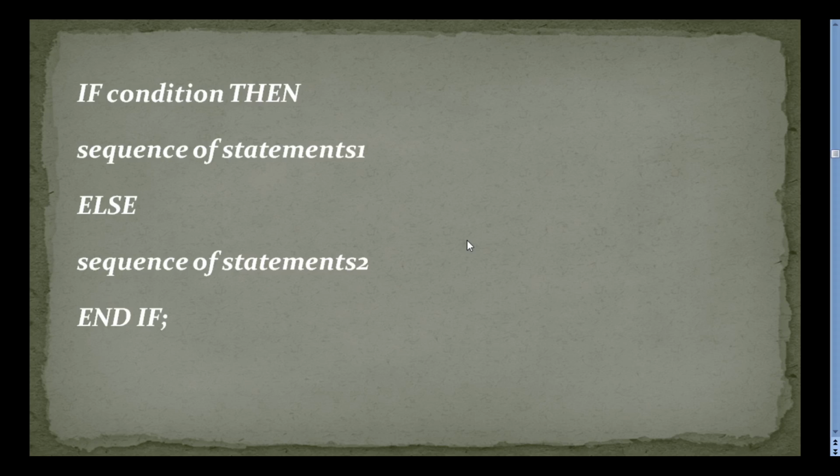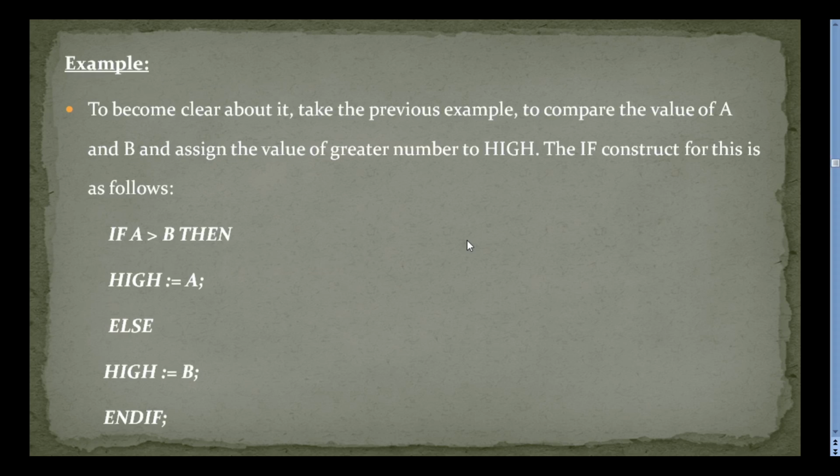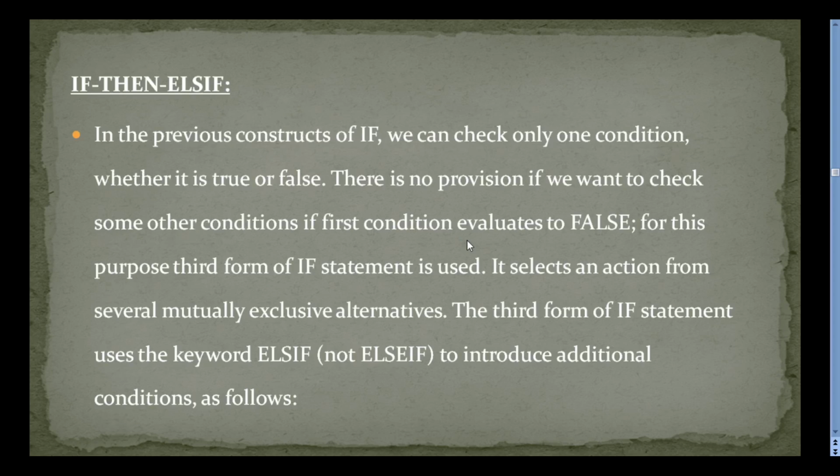If condition, then sequence of statements, else sequence of statements, end if. Just see this example: if a greater than b then high equal to a, else high value is b, so b is assigned to the high variable, high equal to b, end if.